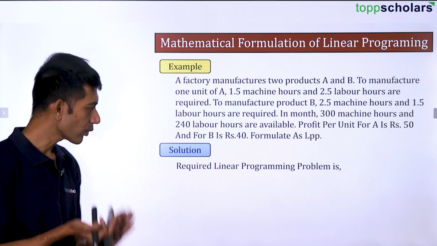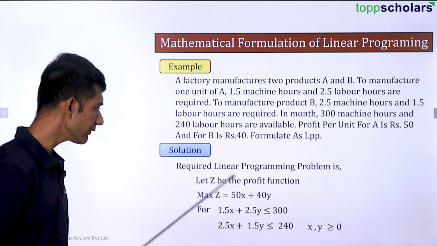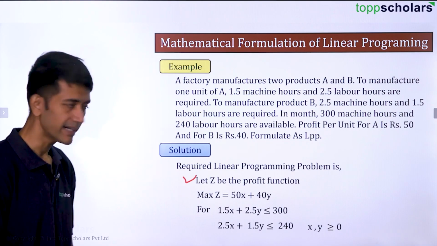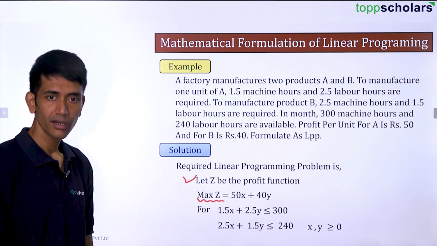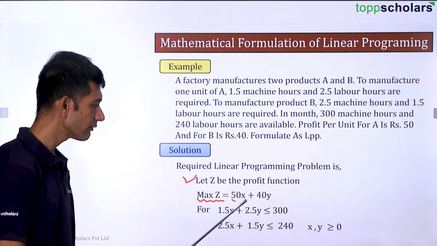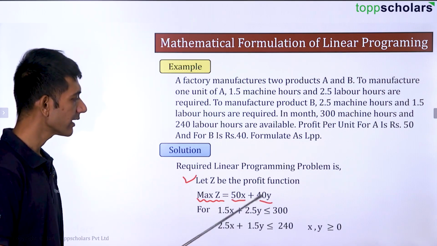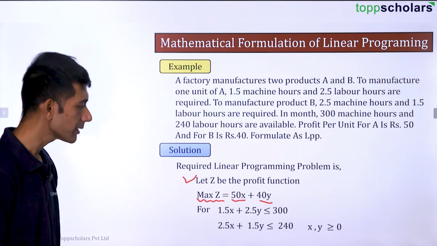So, the required LPP is, firstly, we have described the objective function Z, which is the profit function. We are supposed to maximize the profit. How are we going to maximize the profit? 50x plus 40y, we need the decision variables x and y for that.